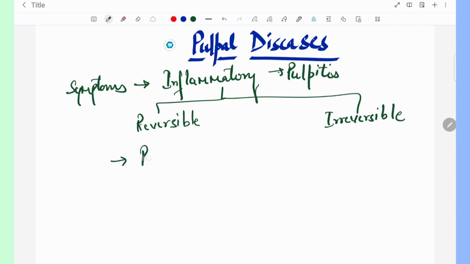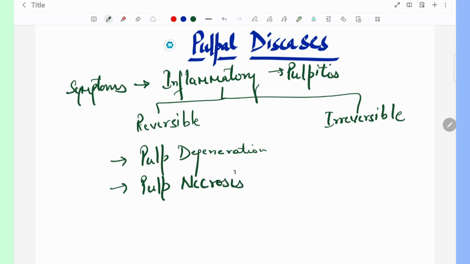Then comes the pulp degeneration, and the pulp necrosis. So first, let's talk about the reversible and the irreversible pulpitis.